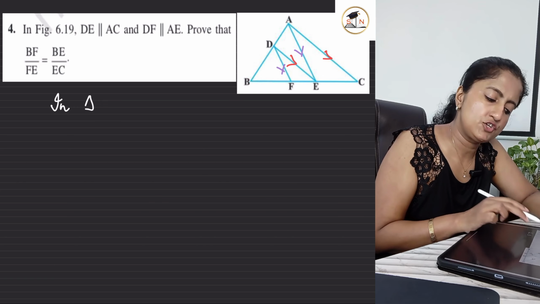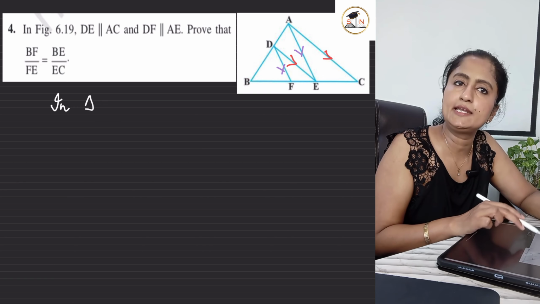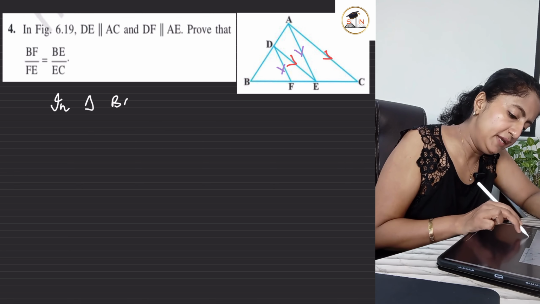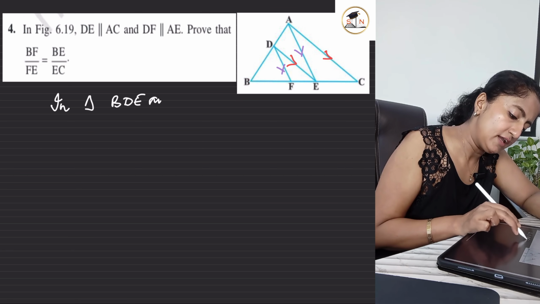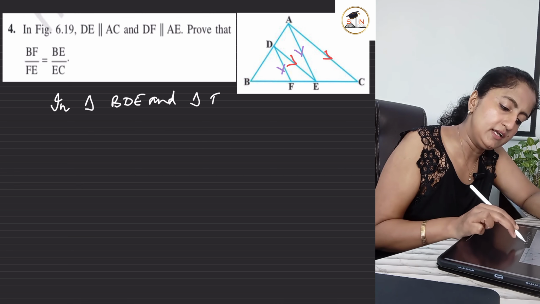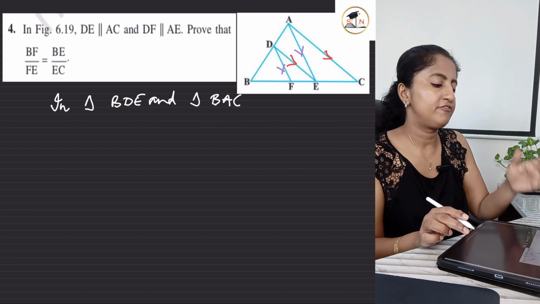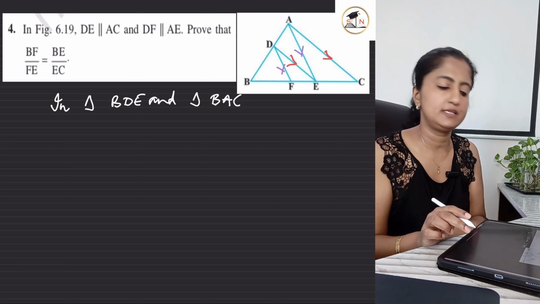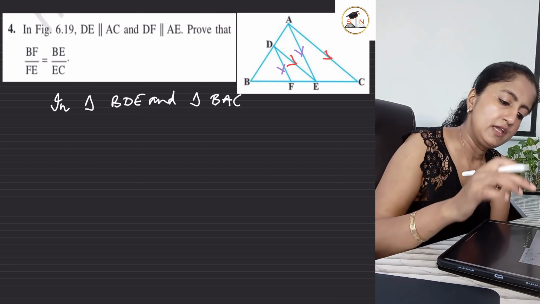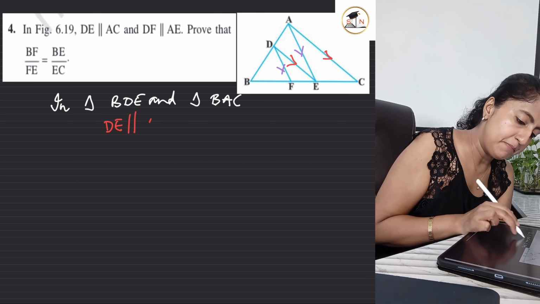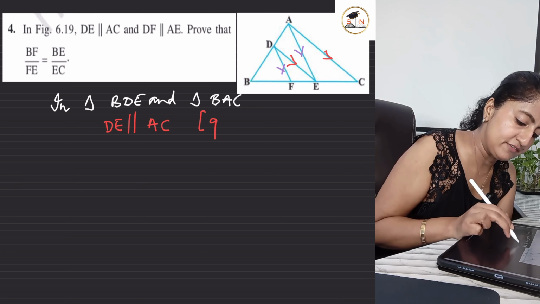First, the parallel sides that we were given were DE and AC, right? So I'm going to use in triangle BDE and triangle BAC. That is the bigger triangle. So basically, first I'm using DE parallel to AC, right? Now, if we are having DE parallel to AC, this is given to us.